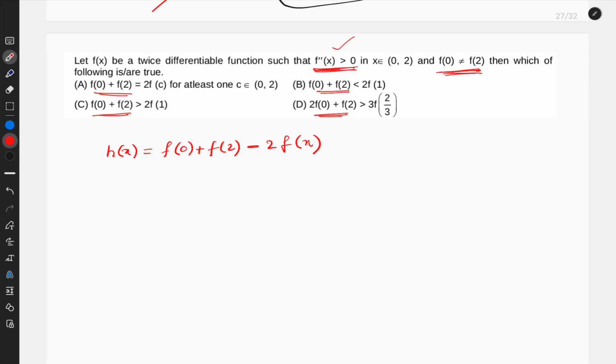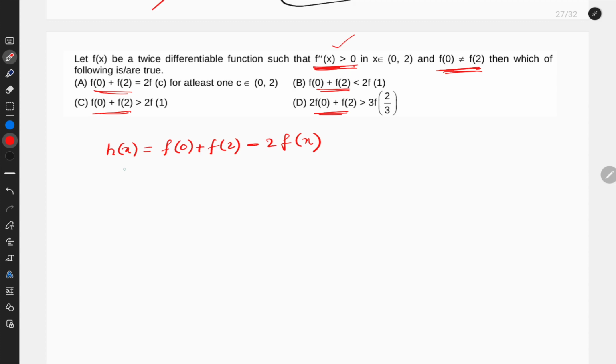Since it is continuous and differentiable, and also f of 0 and f of 2 are not equal, if you define h of x like this, then h of 0 will be f of 2 minus f of 0, and h of 2 will become f of 0 minus f of 2. One is the negative of the other.